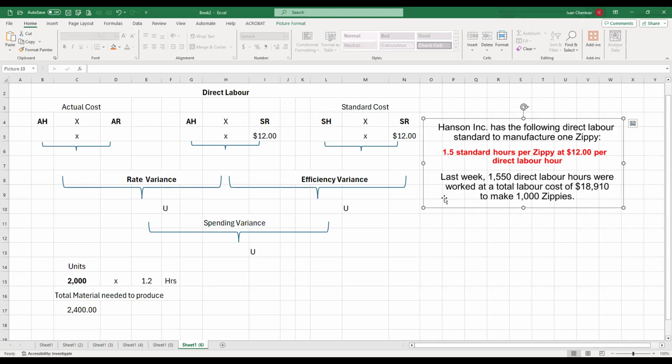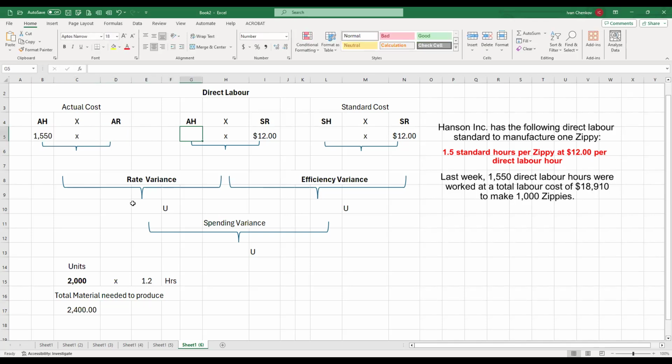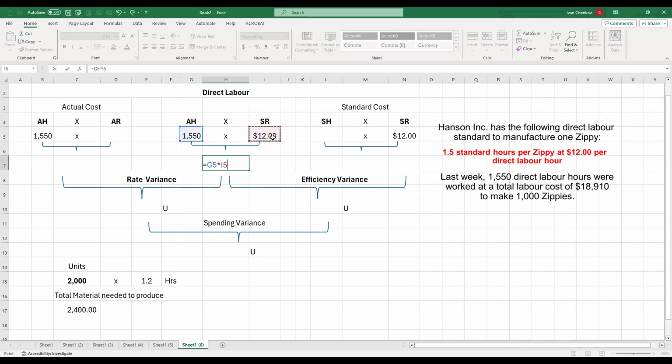Last week, 1,550 direct labor hours were actually worked. What will be that number? Actual hours, 1,550. And we have our first number, correct? That will be this one times $12, and that's going to be $18,600.